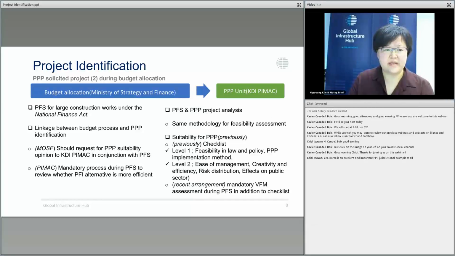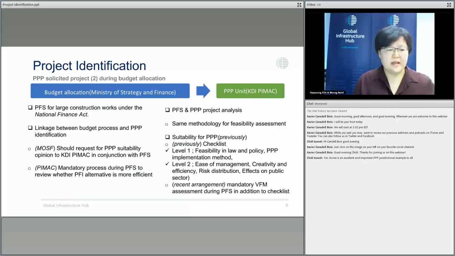And the other type is PPP projects identified during budget allocation. So the Ministry of Strategy and Finance conducts PFS for large construction works under the National Finance Act. The Ministry of Strategy and Finance made a linkage between the budget process and PPP identification.